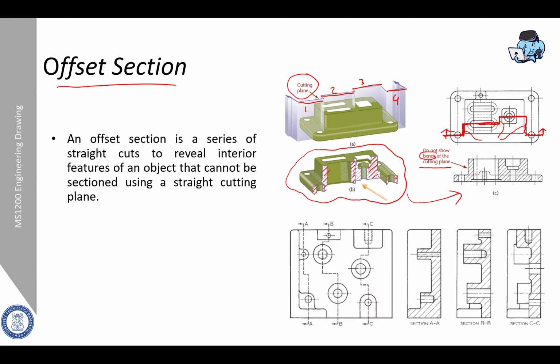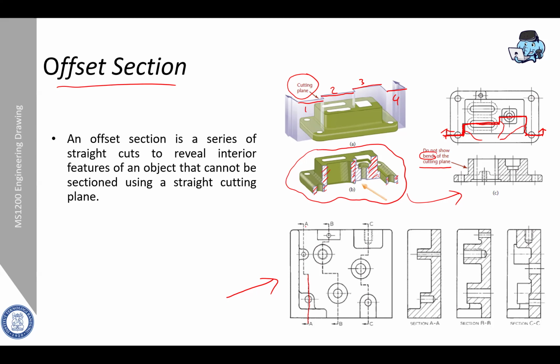This is another example of an offset section. This is the component, the part, and we make several section views: AA, BB, and CC. Each section is an offset section. Why? Because the section line is not a straight line.